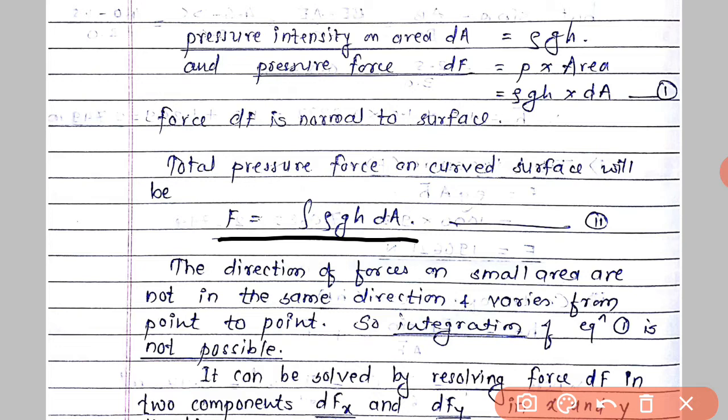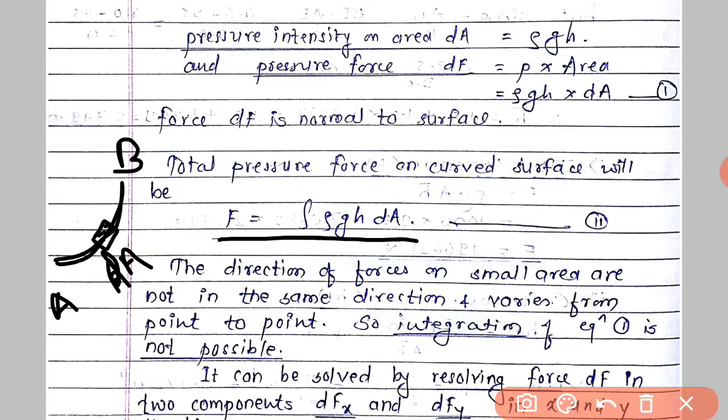So capital F is equal to integration of rho gh dA, but our surface is a curved surface. AB will be the curved surface, and here is our element or strip of area dA.